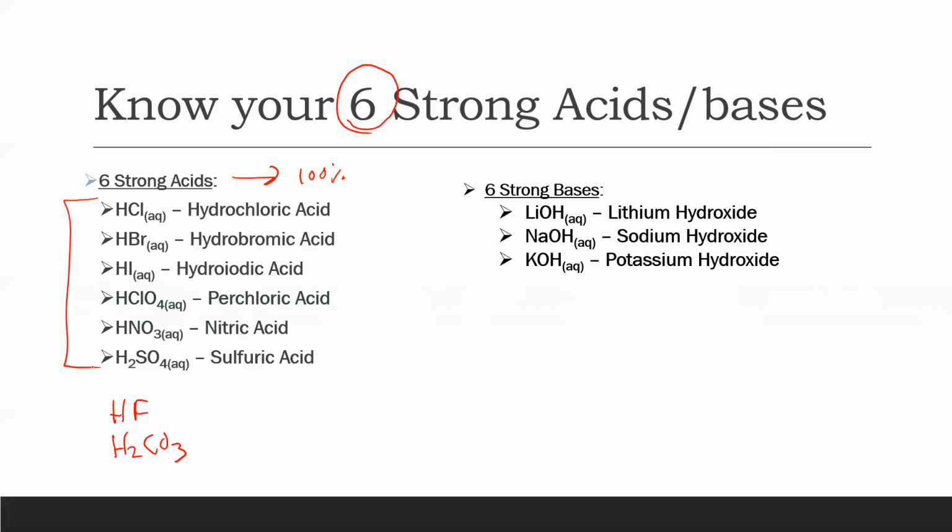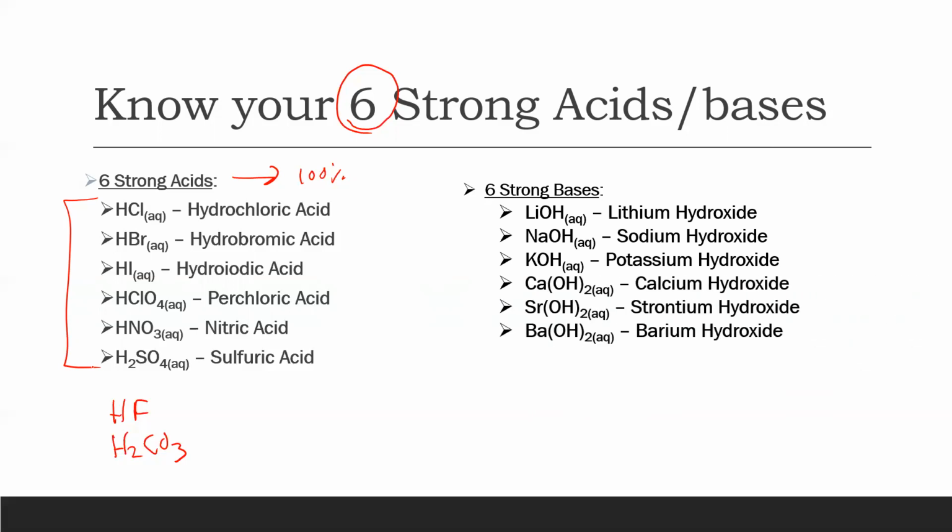If you go to the potassium symbol on the periodic table and move 1 over to the right, that next symbol should be calcium hydroxide. Calcium hydroxide is an alkaline earth metal, but there are 3 examples of alkaline earth metals that are strong bases: calcium hydroxide, strontium hydroxide, barium hydroxide. So you start at lithium, go 3 down on the periodic table, go 1 over to calcium, and then strontium and barium. And that's a really easy way to remember your 6 strong bases.